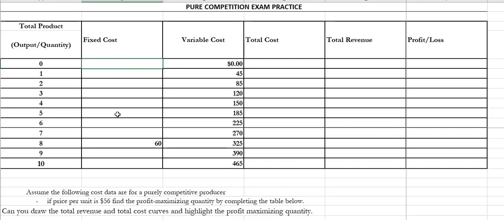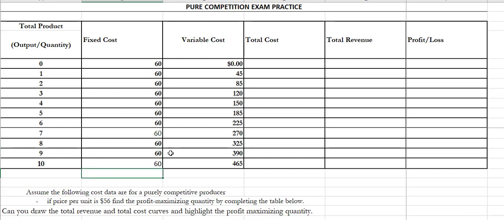It's fixed costs. The reason why I'm saying that is I'm hoping you know no matter the output level, the fixed costs will remain the same. That's the nature of fixed costs. It doesn't change with output. So once you know what the fixed cost is at any level of output, you know what it is for all the output levels.